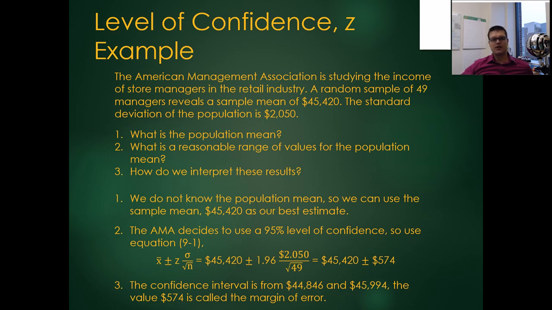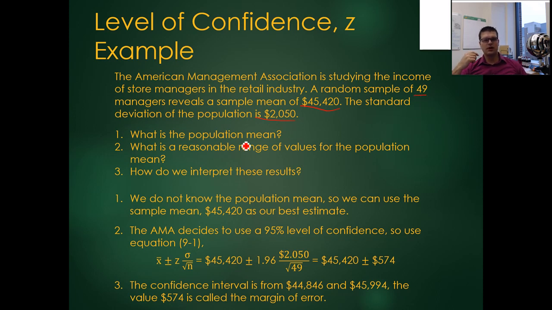So an example of this is the American Management Association studies the income of store managers in the retail industry. A random sample of 49 managers reveals a sample mean of 45,420. The standard deviation of the population is 2,050. And so we've got 45,420, 2,050, and 49. Okay.